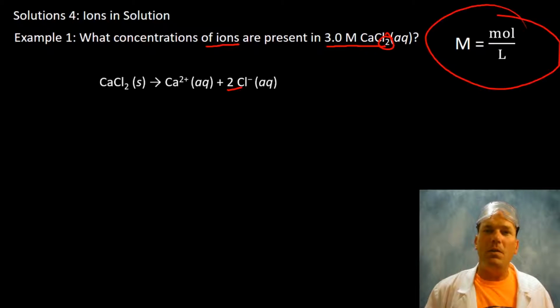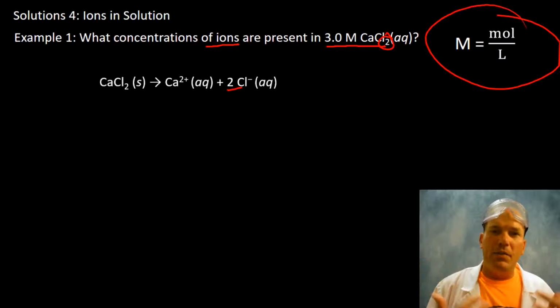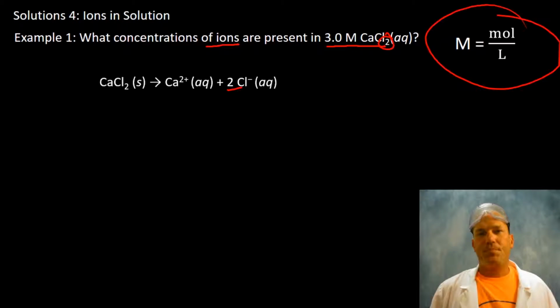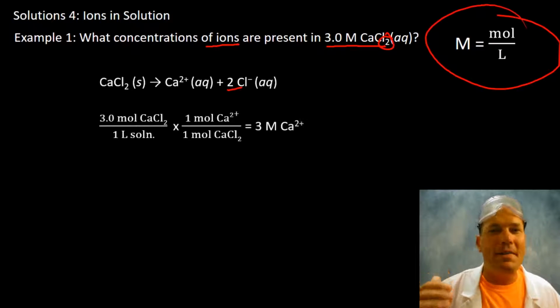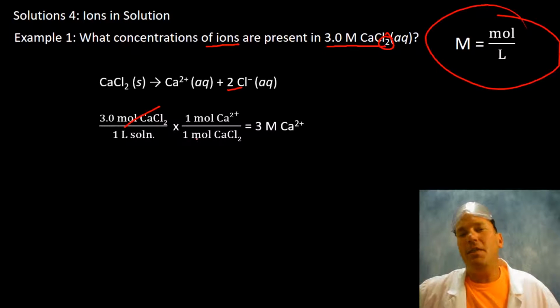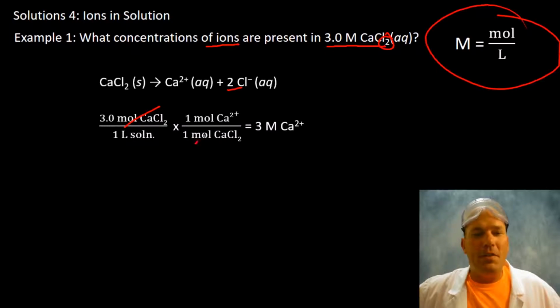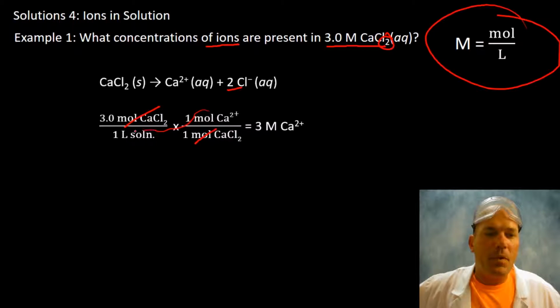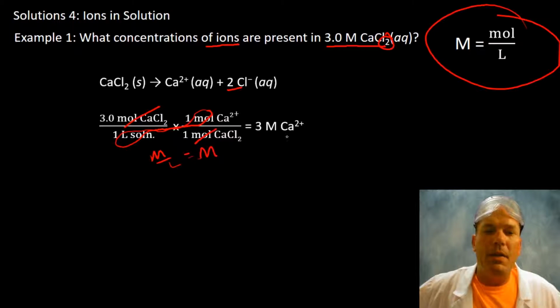If there's a 3 molar solution, and it has 3 moles, and you're being asked how many moles of the calcium ion there are, well, that's pretty simple, because it's 3 moles per 1 liter, and if we recognize that the stoichiometric ratio is 1-to-1, then we end up with 1 mole of the calcium cation per 1 liter, and moles over liters equals molarity.